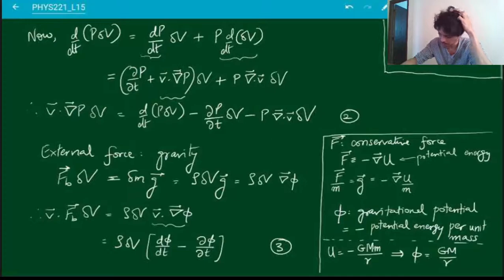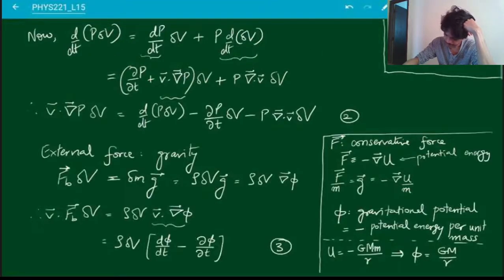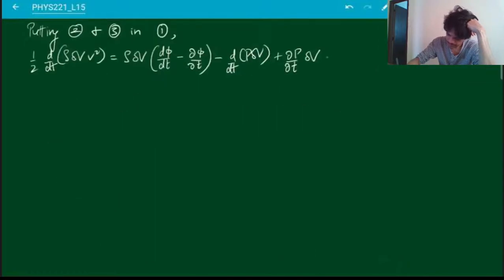So let's be careful with the signs because I have to take the negative of this. So minus d by dt of p delta V plus del p del t delta V plus p divergence of velocity delta V.